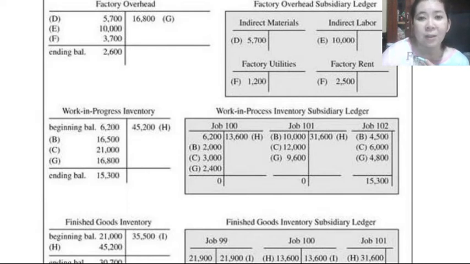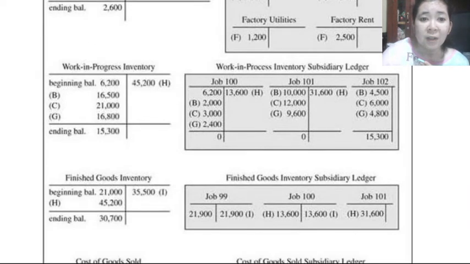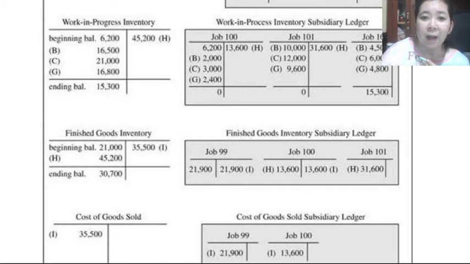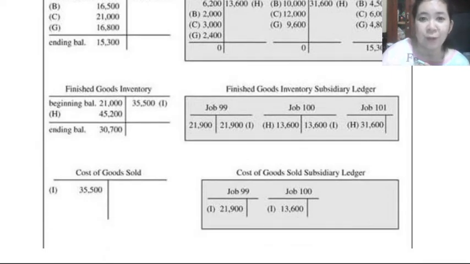Once the item or the job is finished, we will transfer this to our finished goods inventory. And once this item or job is sold, the cost of the corresponding item or job that is sold will be transferred to cost of goods sold.